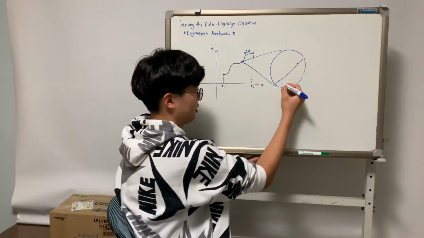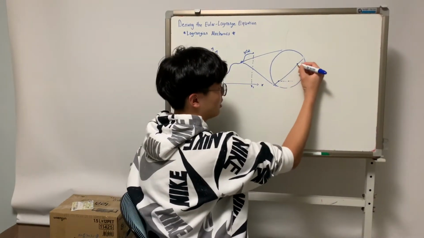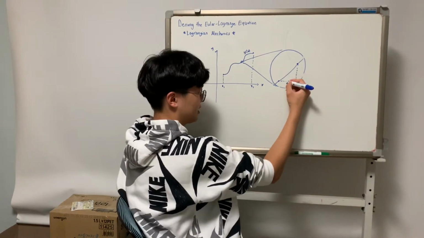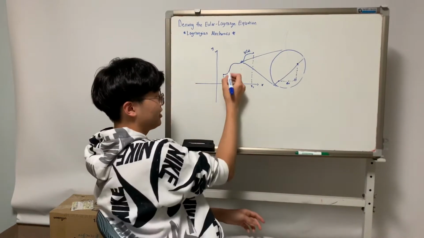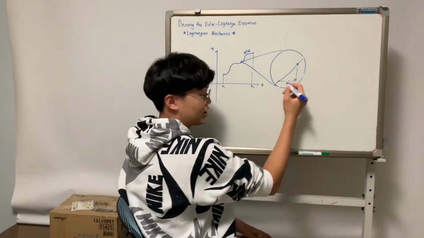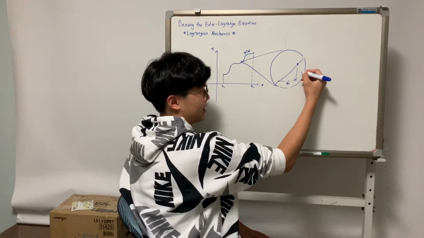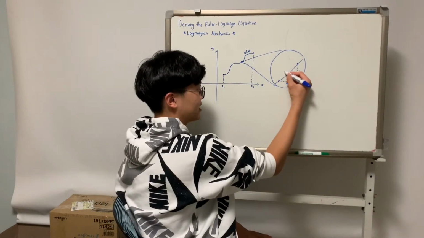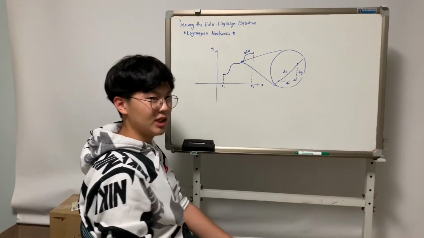Well, this is a right angle. You can say that this is dx, a small change in the x direction, the horizontal plane, and this is a small change in the y direction, and this is a small change in the displacement or the distance.